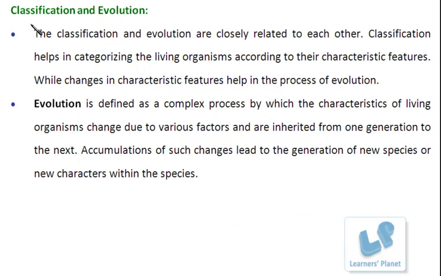Well, before understanding the relation between classification and evolution, I would like you to understand the definition of these two terms. I have already defined the term classification, right? It is the arrangement of living organisms into groups and subgroups. Classification actually helps in categorizing the living organisms, and this is very clear from the definition.